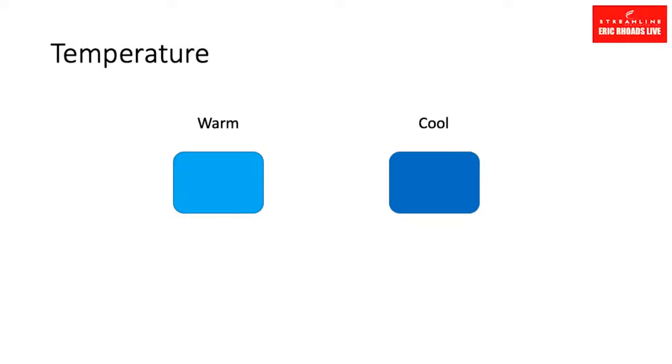So the next thing I consider when I'm mixing a color in the hierarchy is the temperature of the color. Temperature is a little bit tricky because the primaries and the secondaries each have an inherent temperature. Blue is cooler than red. However, it's all relative. There can be a blue that is warmer than a cool blue.